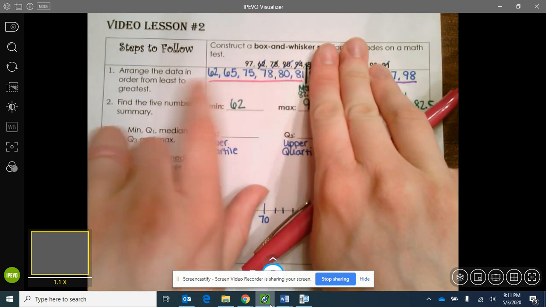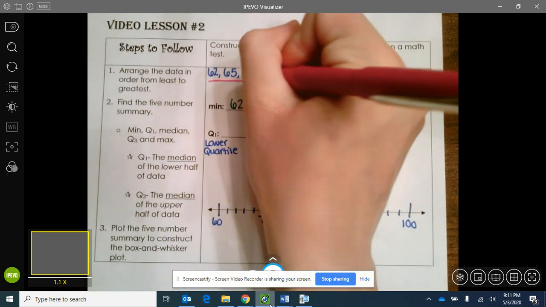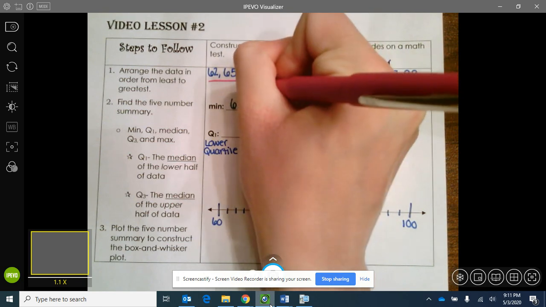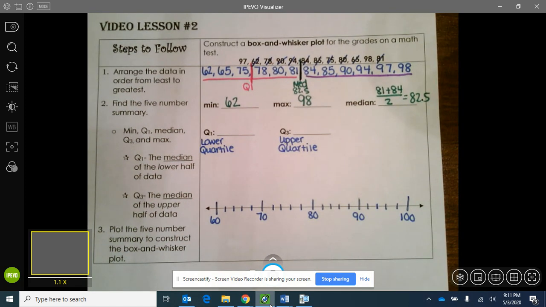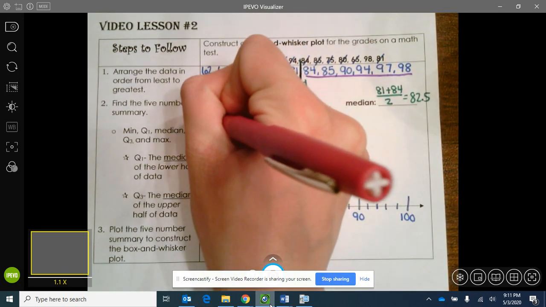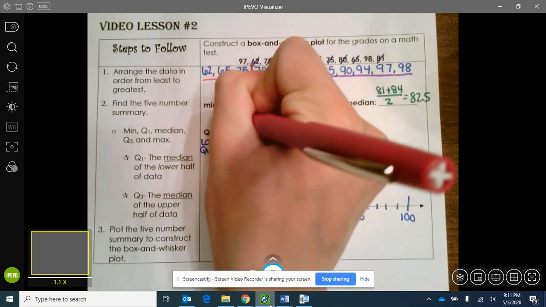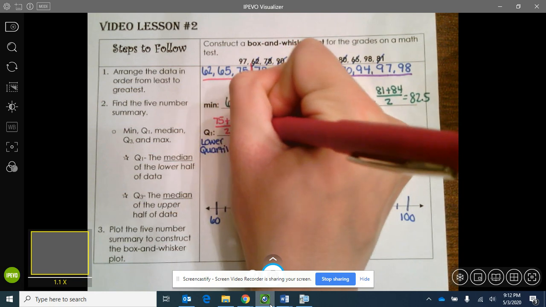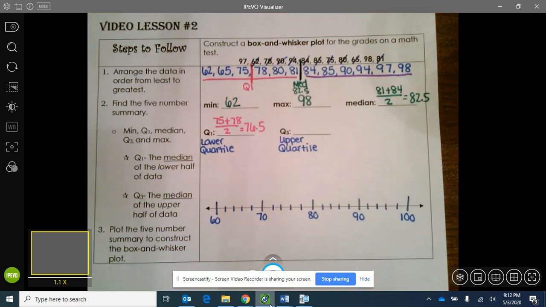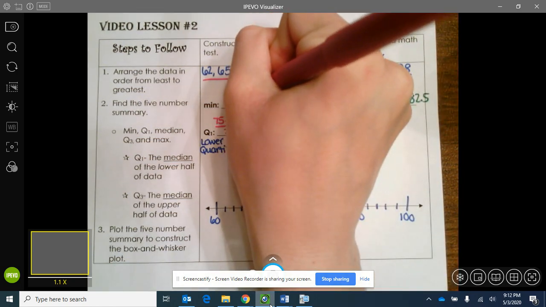Find the median of these 6 data values. My median would be right here between 75 and 78. So to find that Q1, I need to take 75 plus 78 divided by 2. I need to find the number that's right in the middle between them, and to do so, I'm going to find the average. So I get 76.5. So my Q1 is 76.5.